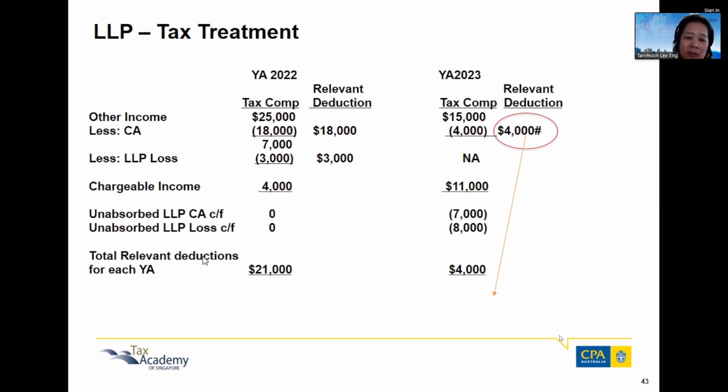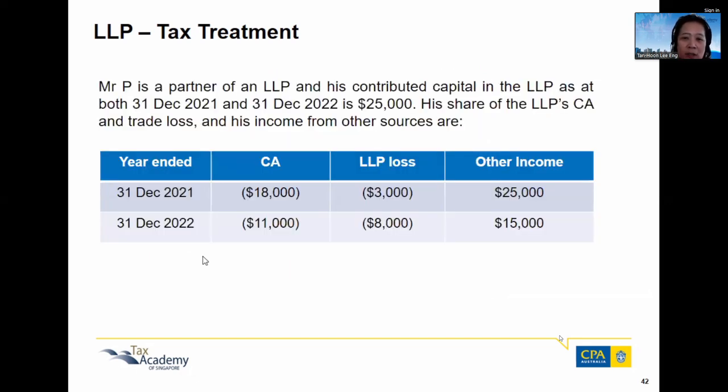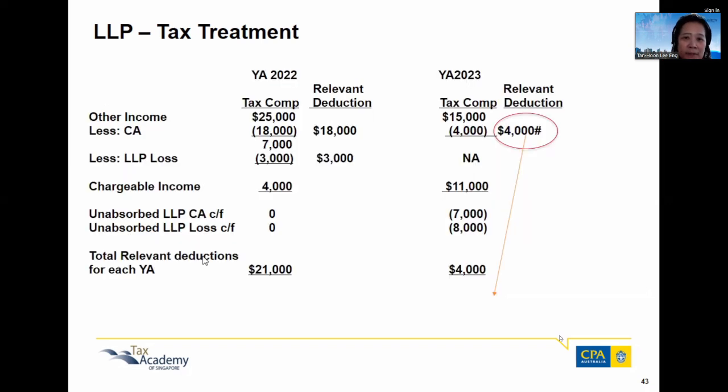Relevant deduction and past relevant deduction of 21,000 add up to 25,000, which is the capital contribution for 31st December 2022. This is how we do the restriction. It's quite clear: you have to think whether you can offset against the other income, and then take a look at what the contributed capital is. Later in the case study, we will do two more cases of loss restriction. I'll move on first.